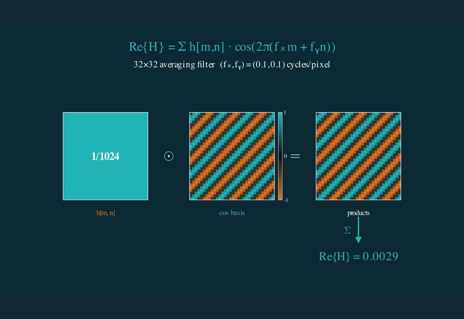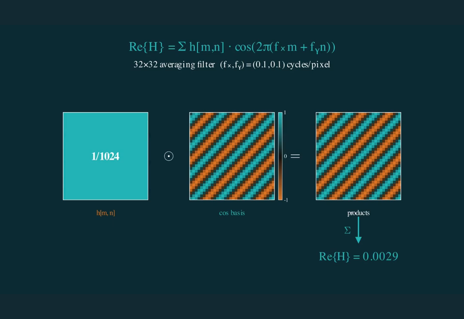So this is basically what you're doing when you're establishing the frequency response, or in this case, the real part of the frequency response. You're just asking yourself, how similar is my set of filters to varying types of these cosinusoidal fields? And in the case of a constant filter like this one, an averaging filter, the projection or the similarity will be high when the frequencies are very low, because then you compare with slowly varying images.